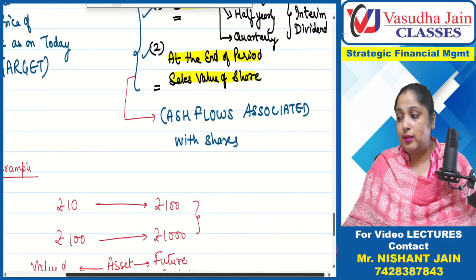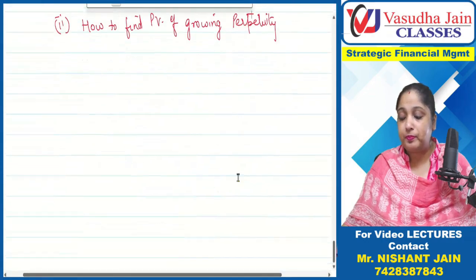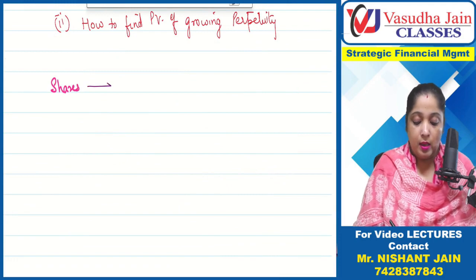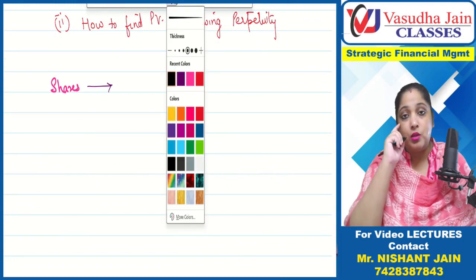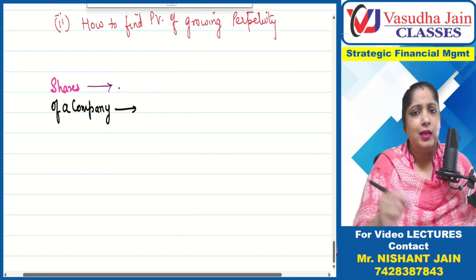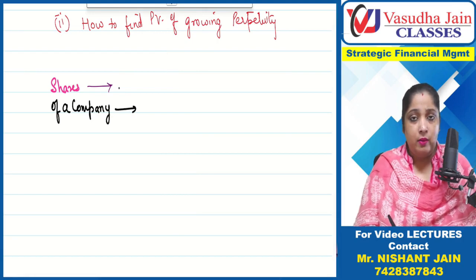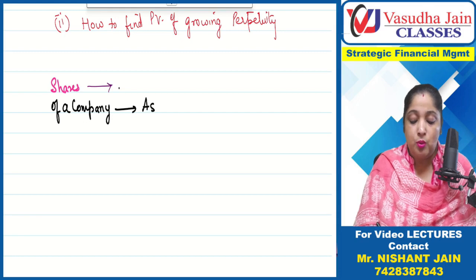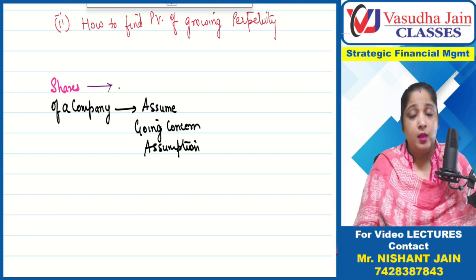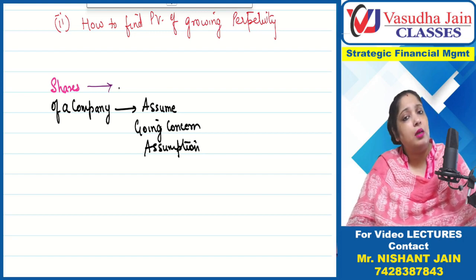We are talking about shares, shares of a company. Now, we have learnt in 11th, 12th class, when we are talking about a company, we assume the going concern assumption, that the company is going to run for 5 years, 6 years.